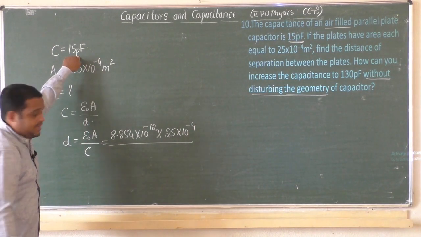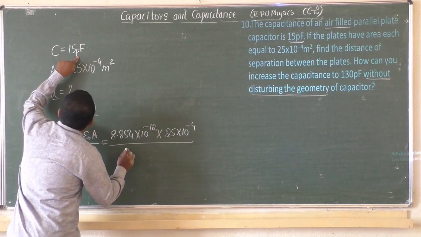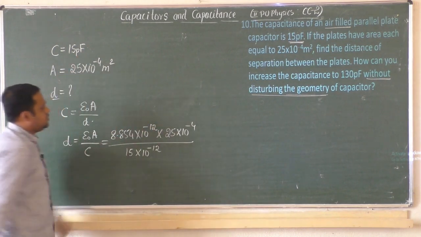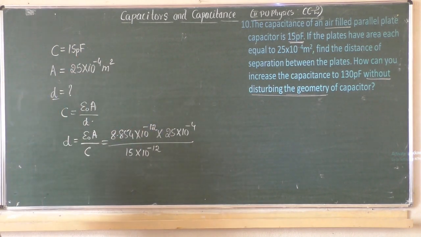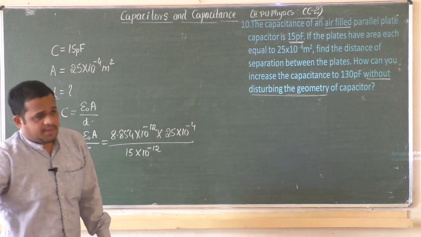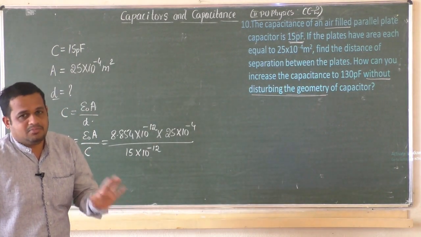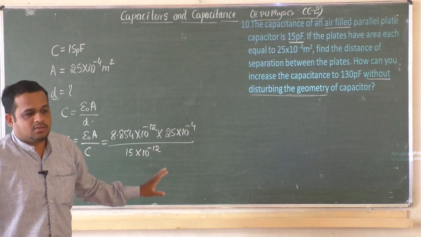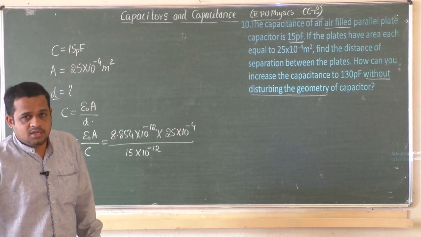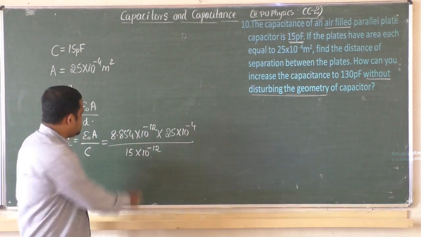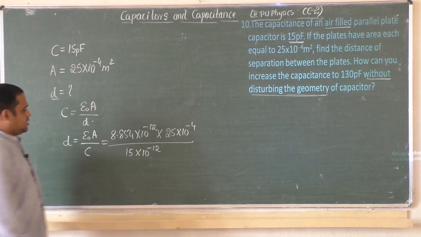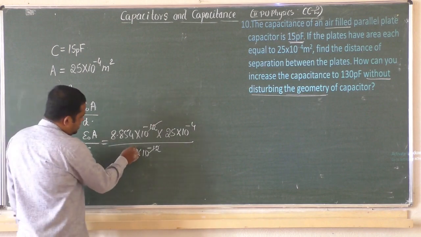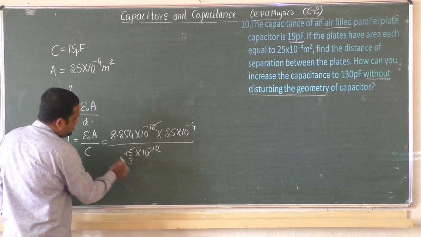Pico means 10 power minus 12, so capacitance is 15 into 10 power minus 12. Generally capacitances are in the range from microfarad to picofarad. Farad is a very large unit. Calculate the value. 10 power minus 12, 10 power minus 12 cancels. 5 times.